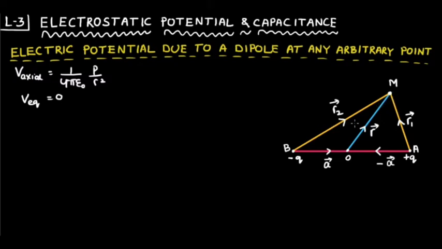Students, look at the diagram. I have joined a line connecting the center to the point M, and this vector OM is the position vector of M with respect to the center O, and that is given by R vector.